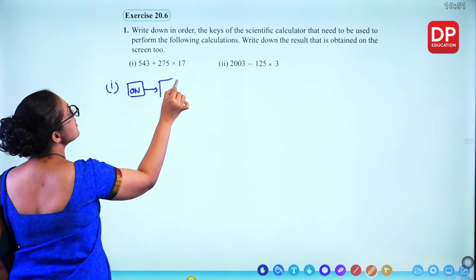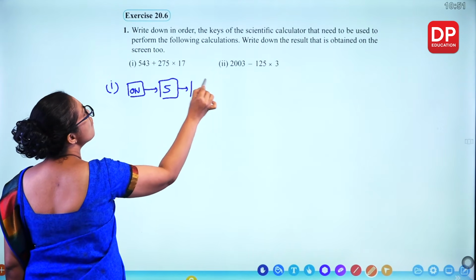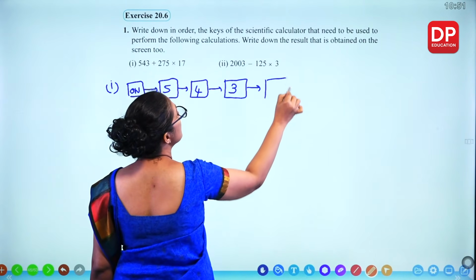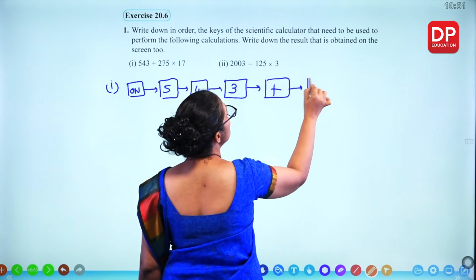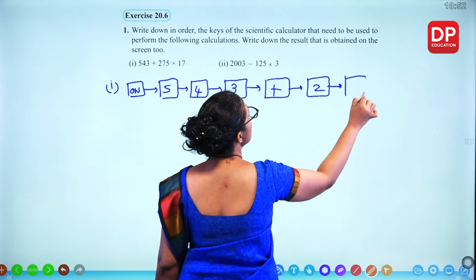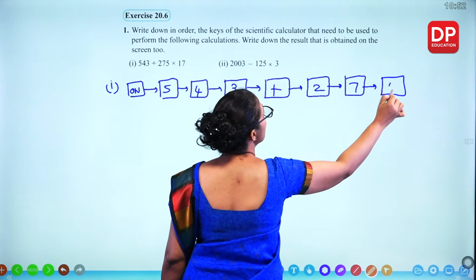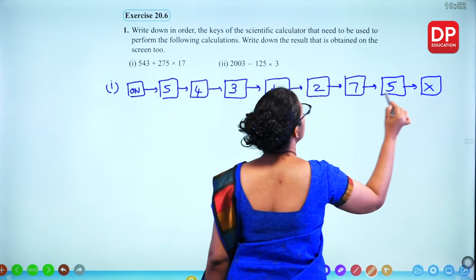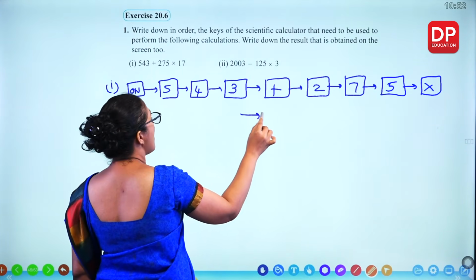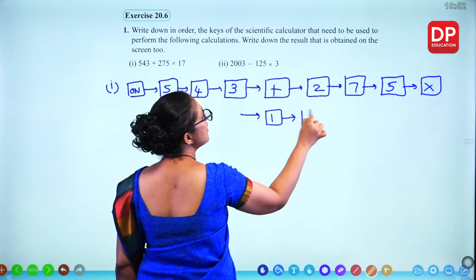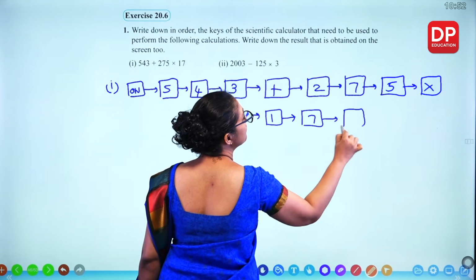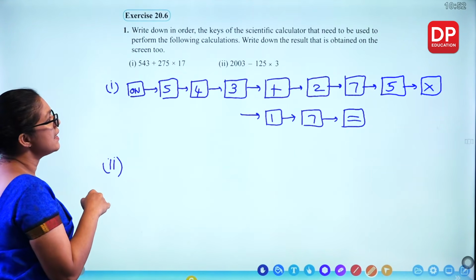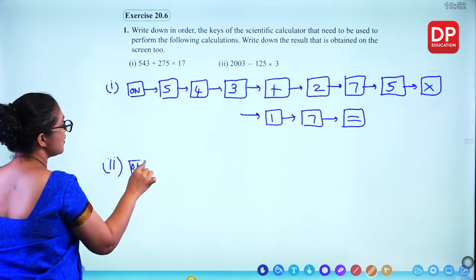So I can just type 5, 4, 3 plus 2, 7, 5, multiplication, then 1, 7, then the equal sign. I'll write down the second one also, all the keys. Switch on the calculator.